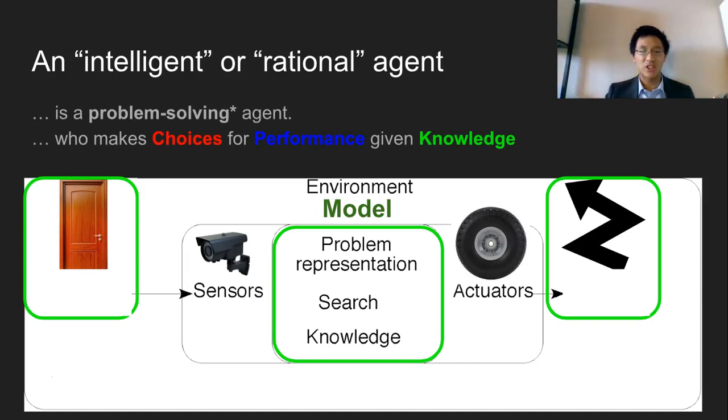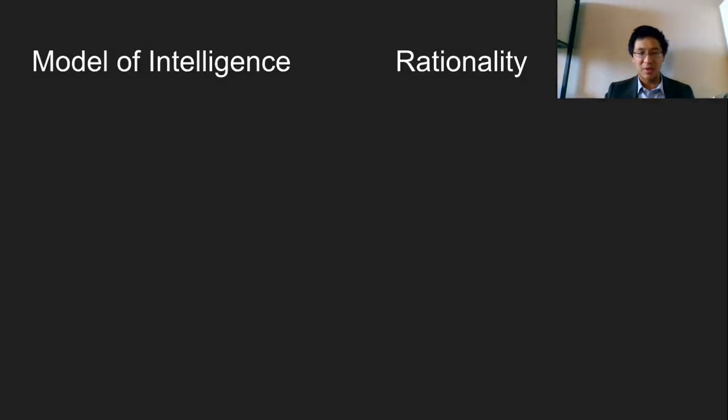With our new definition, added to the fact that it's a problem-solving agent, but it's rational, so it makes choices for performance maximization given knowledge that it has. And this is going to dovetail perfectly with what we said our model is composed of: problem representation, search, and knowledge. So, look at those things side by side.